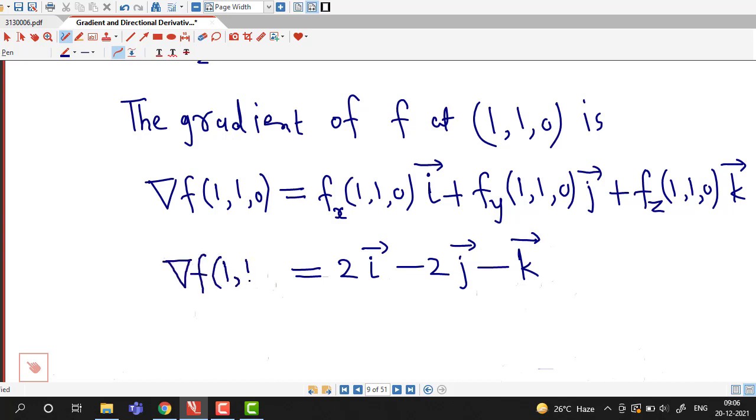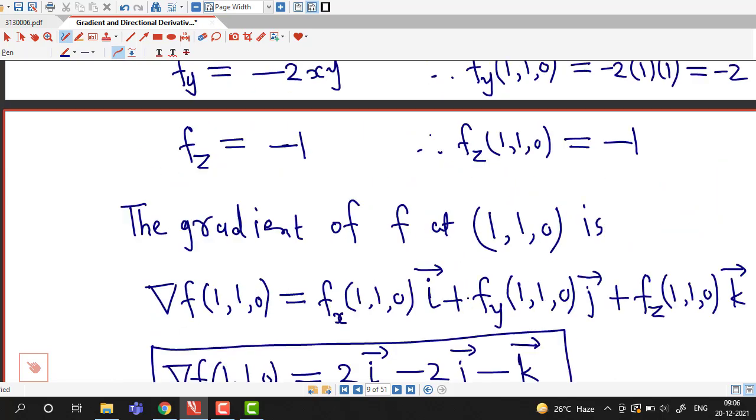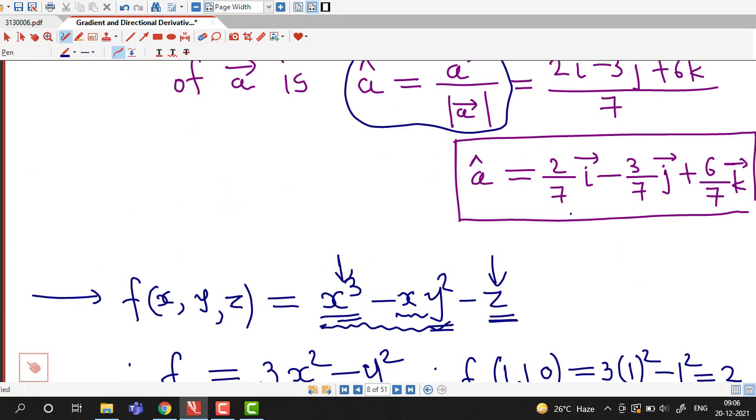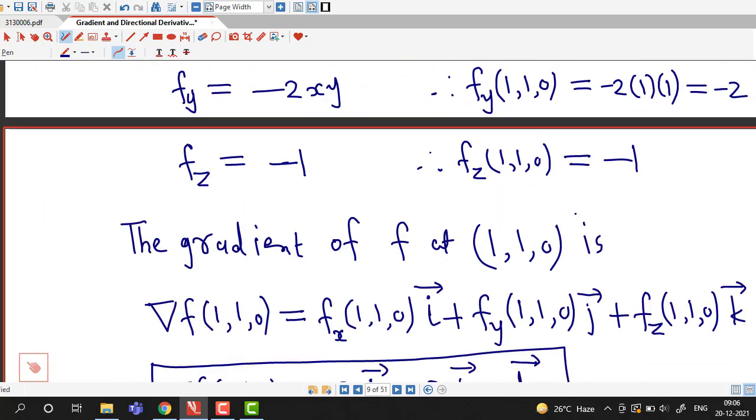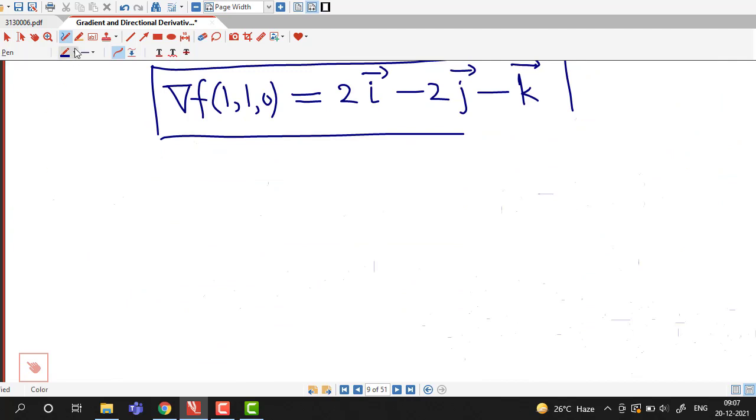Once we obtain the gradient vector, we have to take the dot product of this gradient vector with this unit vector to find the directional derivative. So in the next step, we compute the directional derivative.